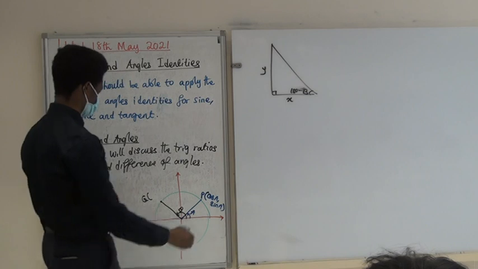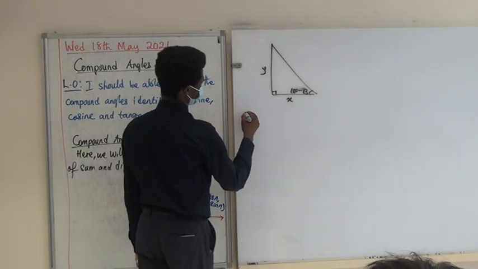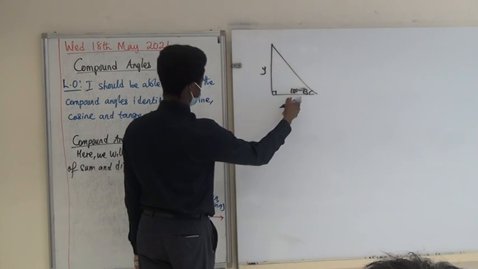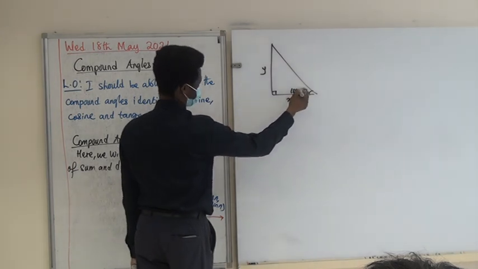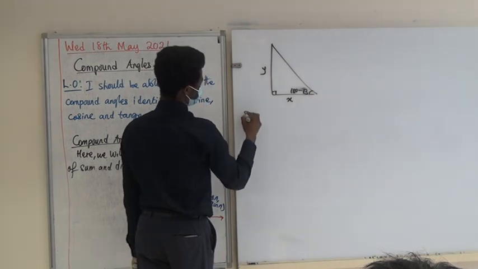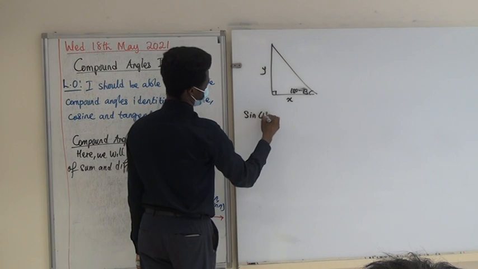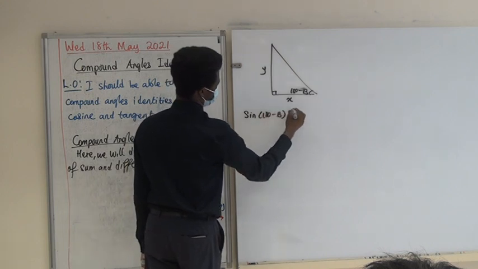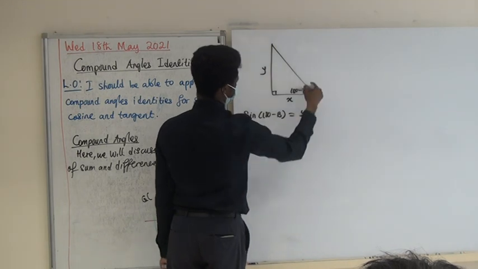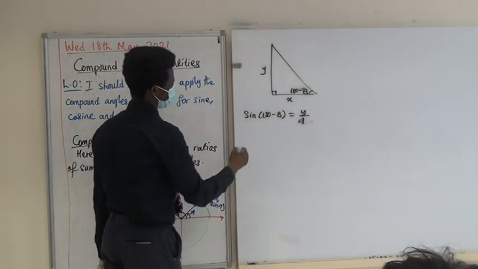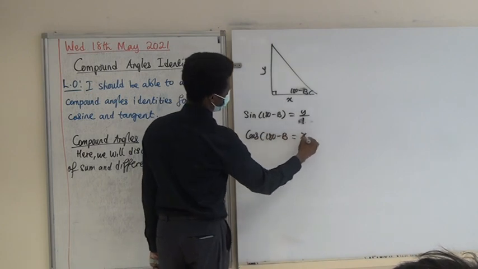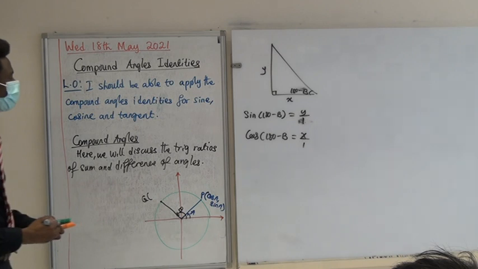So we have negative cos. Wait a minute. If this is 180 minus b, this is an acute angle. So if you do sine 180 minus b, you get what? y over 1, right? And similarly, cos 180 minus b is x over 1, which is x.